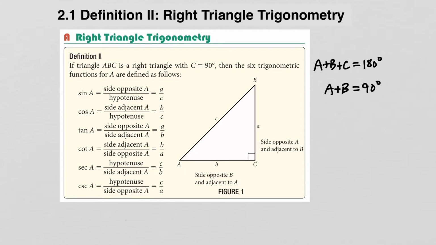For the purposes of defining our 6 trigonometric functions in a right triangle, we are going to focus on one of the acute angles.